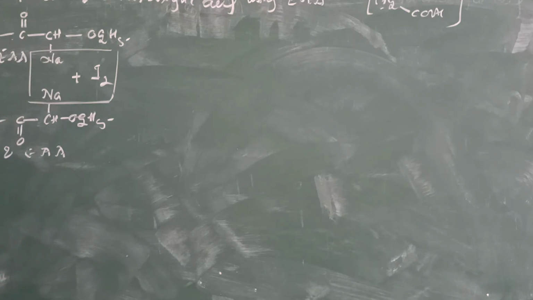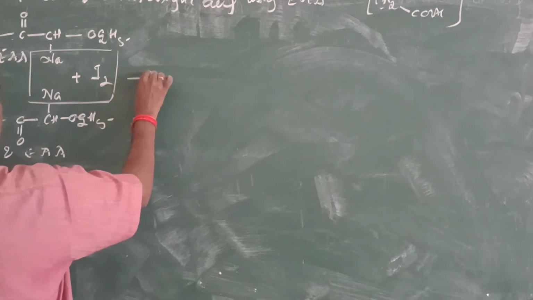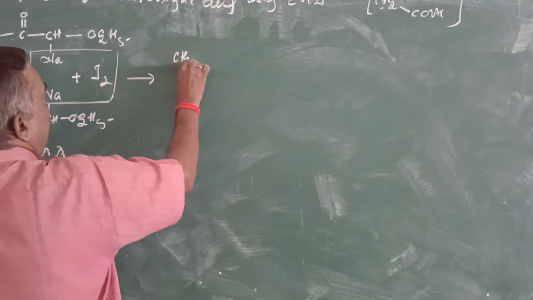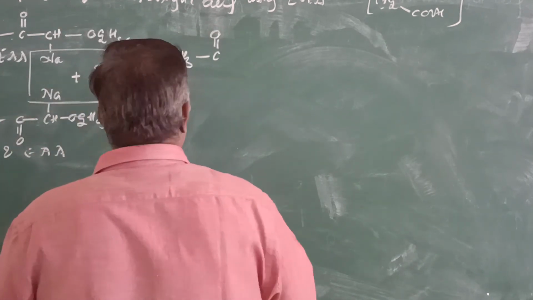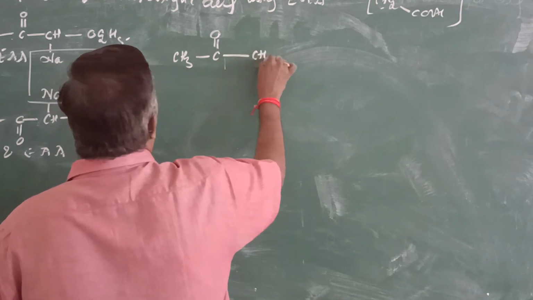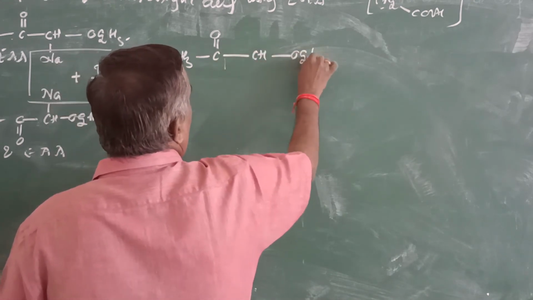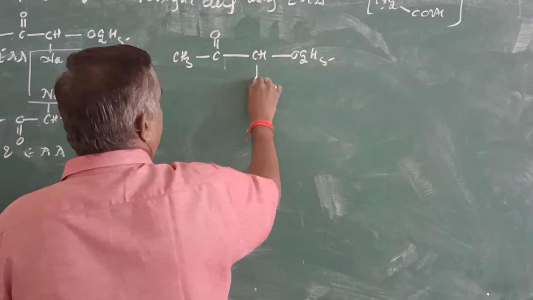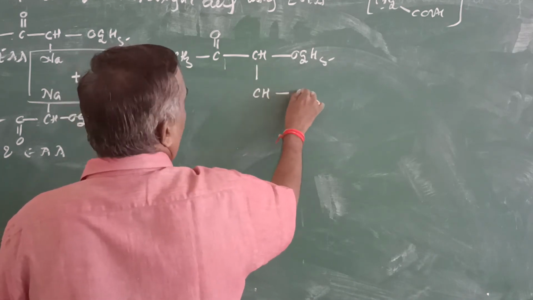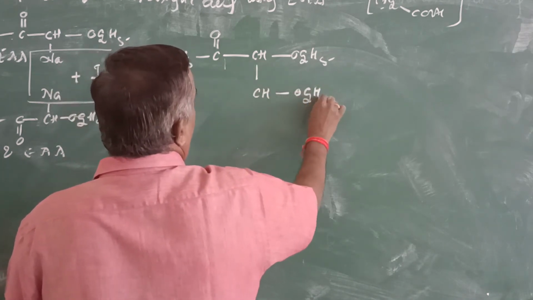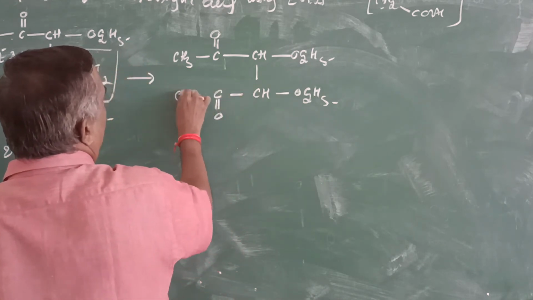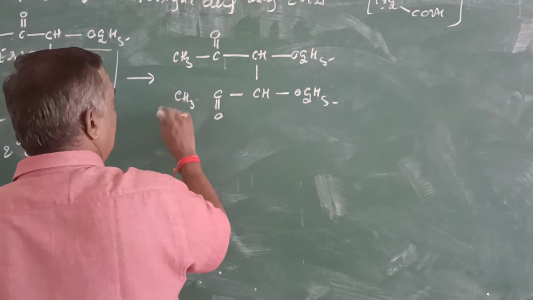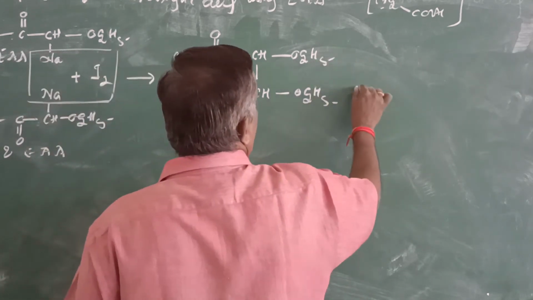When these two molecules are condensed, what happened to this? So you will get CH3, CO, CH, OC2H5, linked with another molecule of OC2H5. Is that a diester?